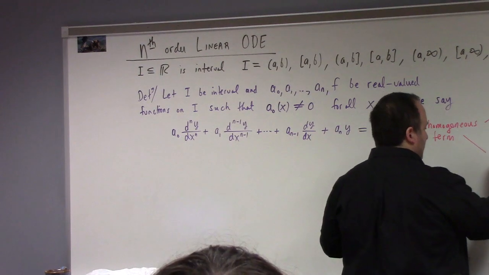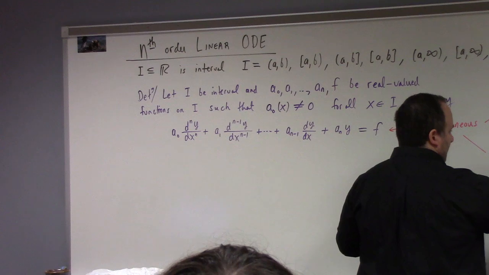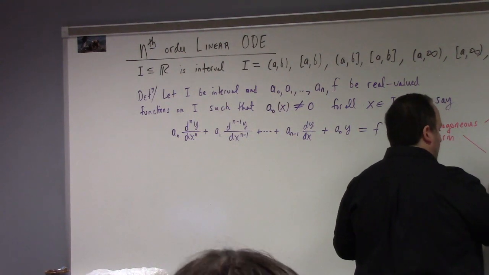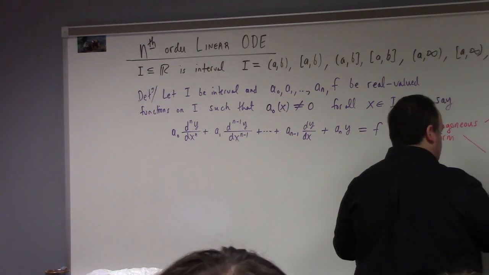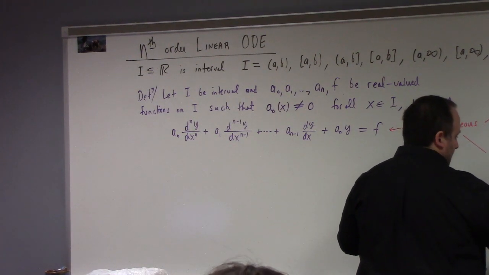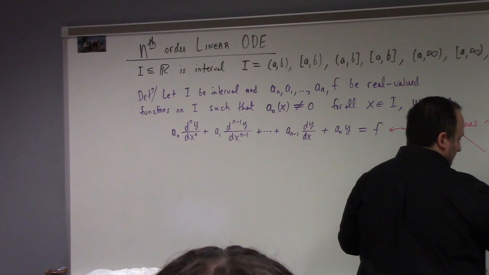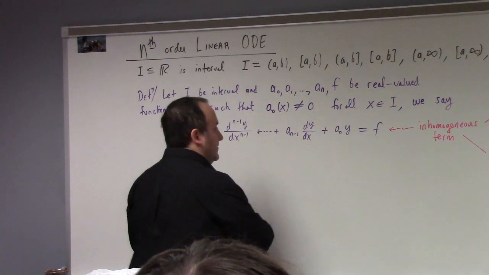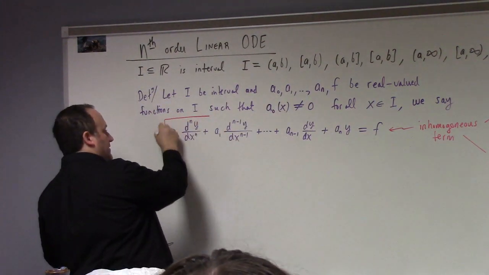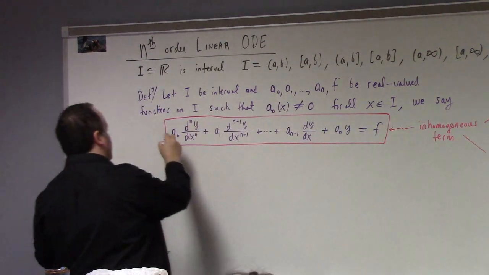And if f of x is not equal to 0 for at least one x in I, then star is non-homogeneous. So this whole differential equation right here is what we're going to call star.